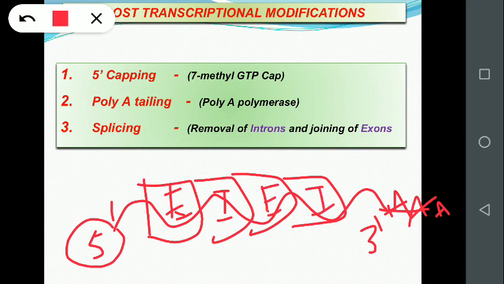These introns must be removed from the primary transcript. Then only the exons will be joined together to form a continuous amino acid sequence in the polypeptide chain. Otherwise, introns will be translated, resulting in some inactive or non-functional polypeptide chain.